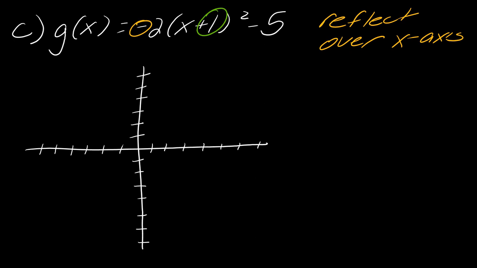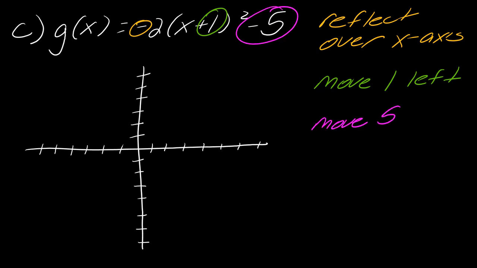This plus 1, which way am I going to move, left or right? We're going to move 1 left. The minus 5 means I move 5 down, and then we have this 2.